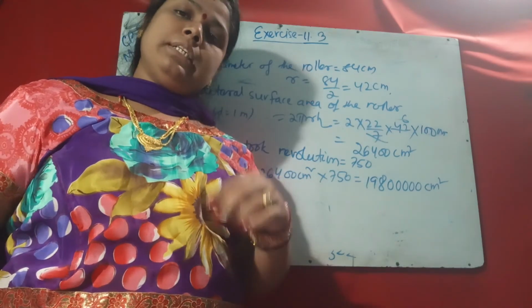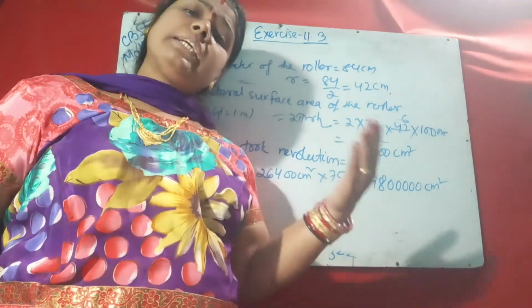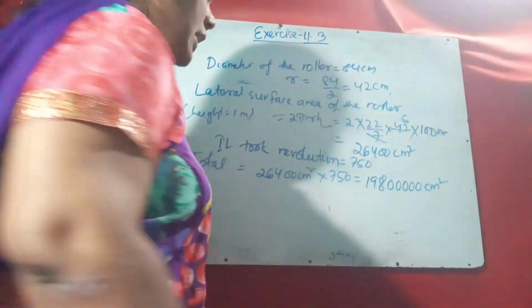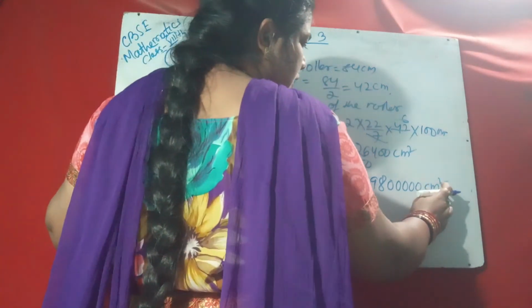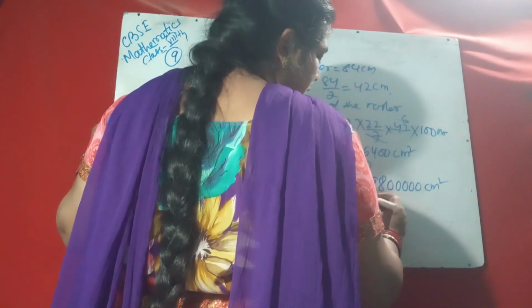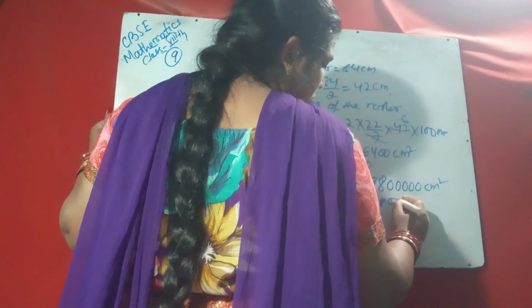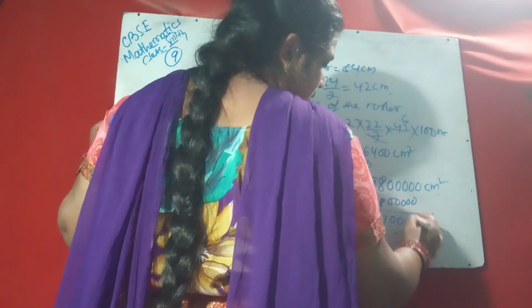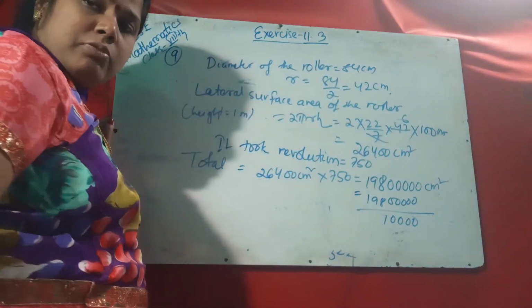1 meter is 100 centimeter, so 1 centimeter equals 1 by 100 meter. Here the answer is in centimeter square, and you have to convert it into meter square, so you divide by 10,000. Why?